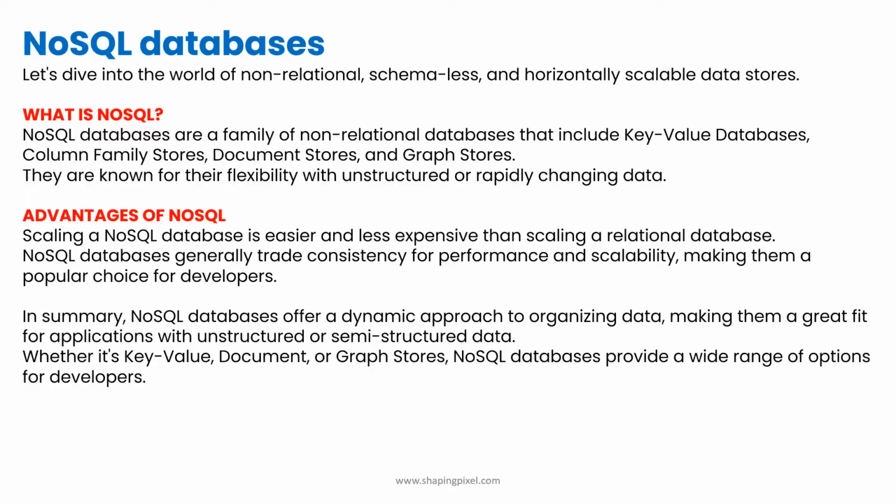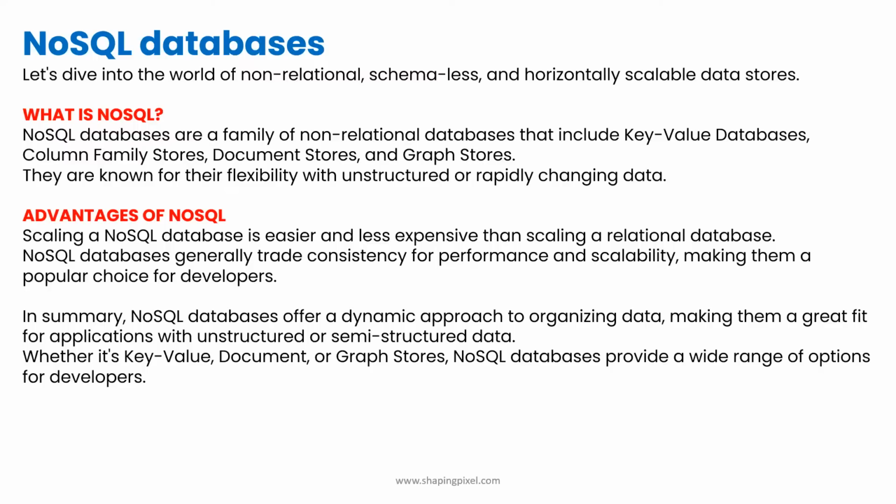So let's dive into the world of non-relational, schema-less, and horizontally scaled data stores and NoSQL databases. NoSQL databases are a family of non-relational databases that includes key-value databases, column family stores, document stores, and graph stores. They are also known for their flexibility and handling of unstructured, rapidly changing data. Scaling a NoSQL database is easier and less expensive than scaling a relational database.